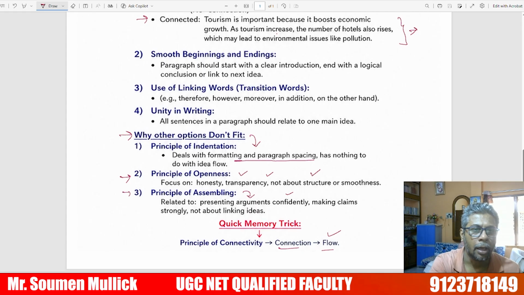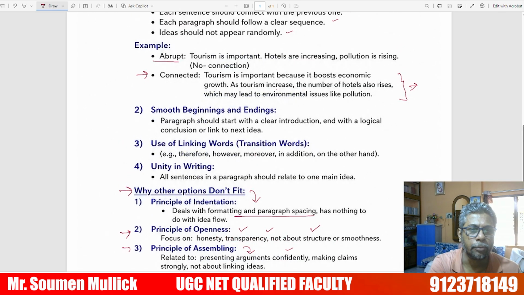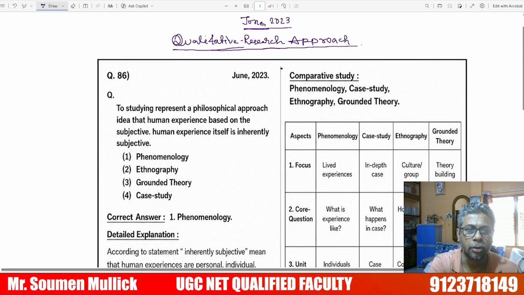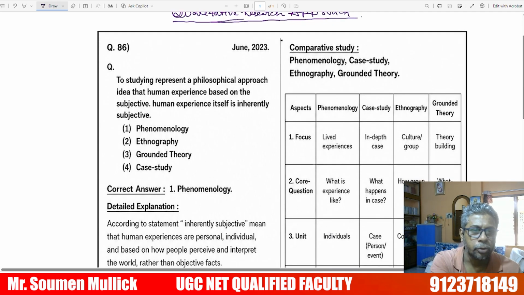So now we move on to the next question, the question on the qualitative research approach. This question was given in June 2023, question number 86. Which philosophical approach represents the idea that human experience is inherently subjective?